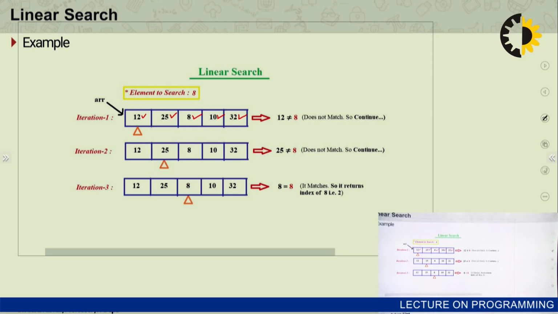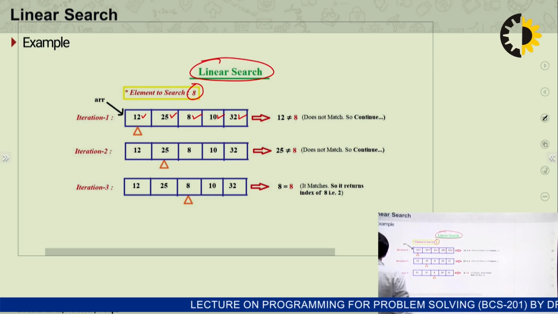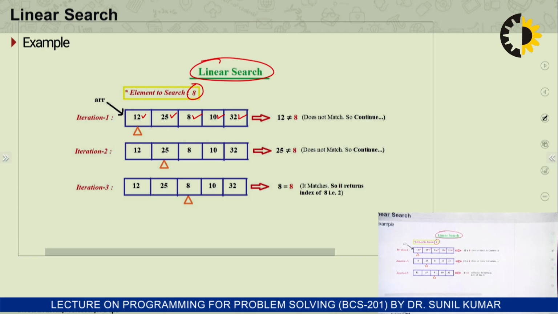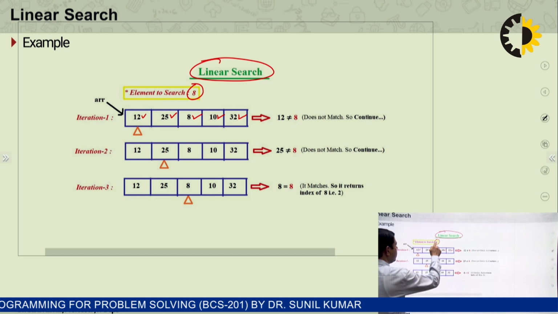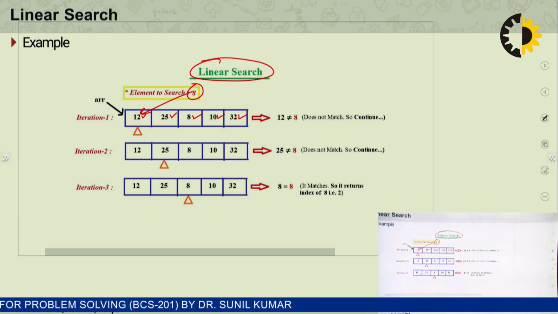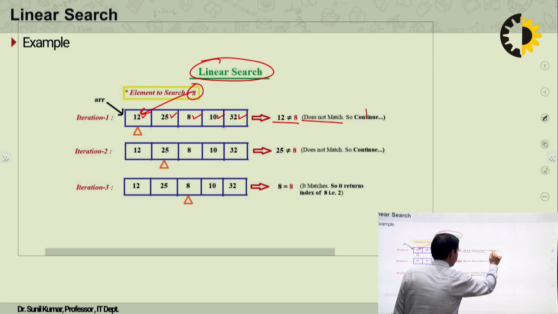In the given list, we have to find 8 with the help of this technique that we are calling linear search. As we have discussed, first of all, we will compare 8 with 12 in the first iteration. Because 12 is not equal to 8, that means it does not match, and we will continue.